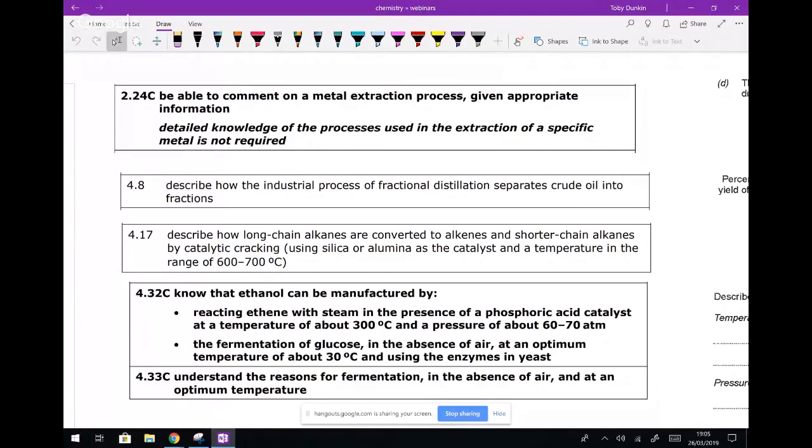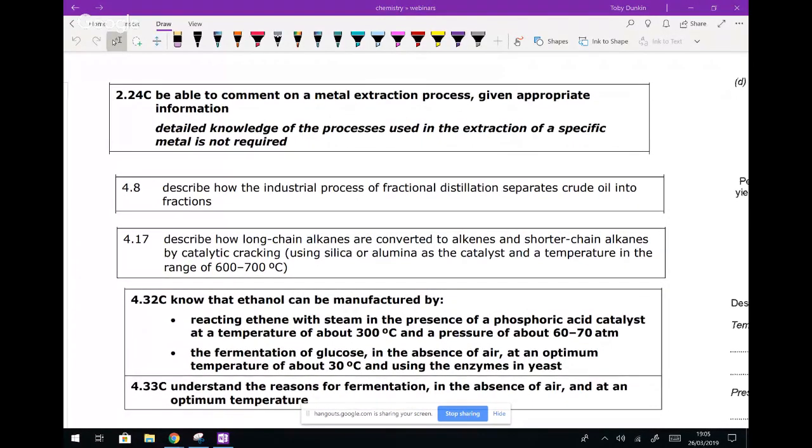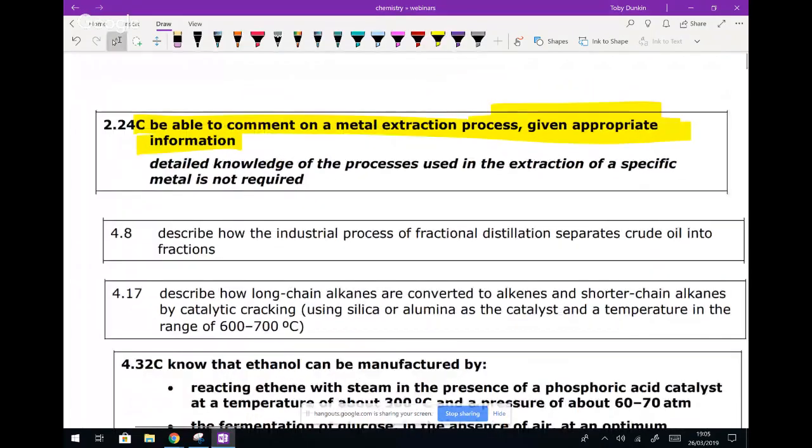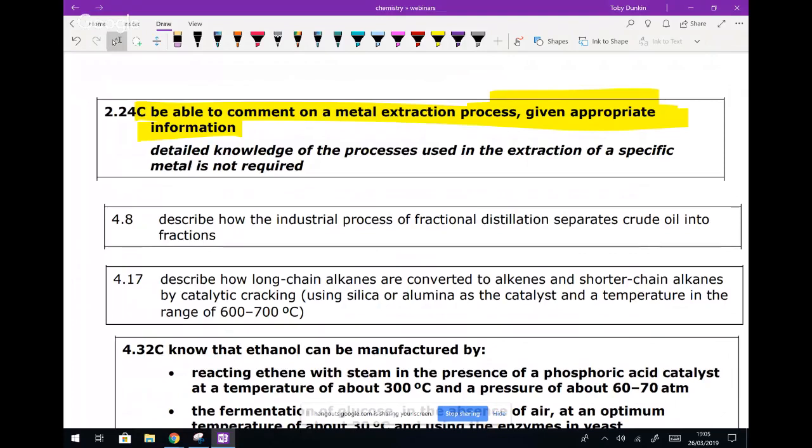But what I wanted just to highlight here is be able to comment on metal extraction processes, be able to comment given appropriate information. Now, I don't trust Edexcel as far as I can throw them, and I know what they're going to do is they're still going to lump in these industrial metal extraction processes, even though they won't be asking for specific details.